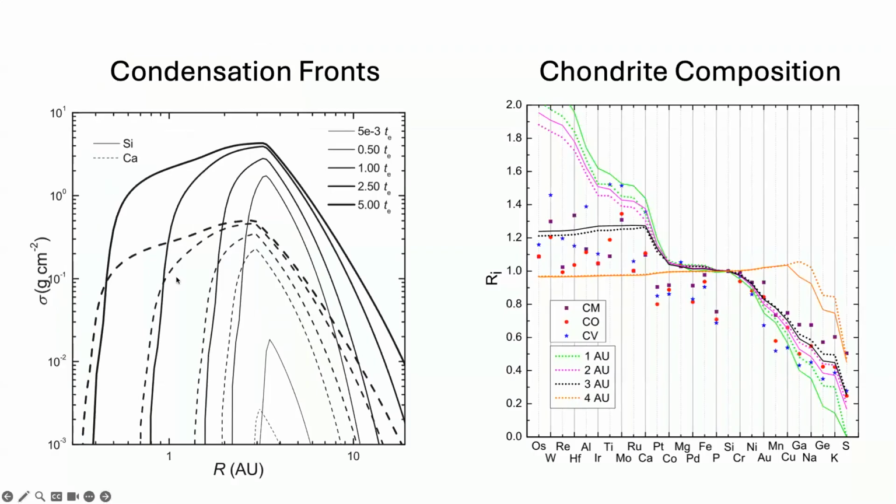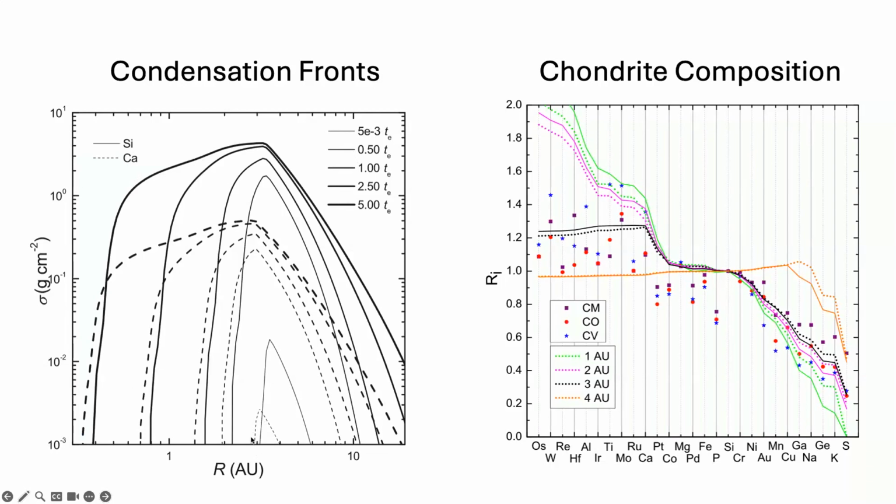So here's some results from that. This, for example, over here shows over time, from the thin to the thick lines, silicon and calcium. You look at silicon to calcium as a function of time, and this is the surface density of condensed silicon or condensed calcium.